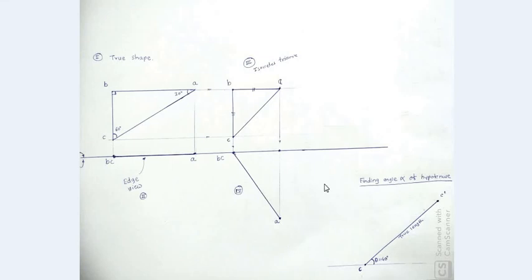Now how to find the angle? We know the true length of AC, we know in true shape, this is true length of AC hypotenuse, and the angle made by true length, 40 degree, is known.